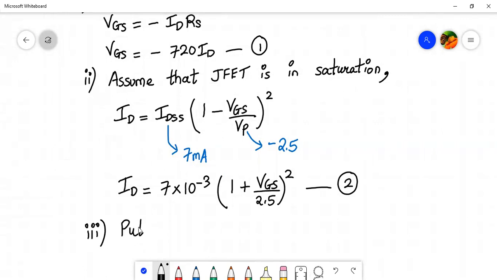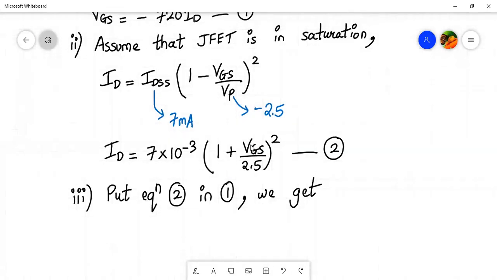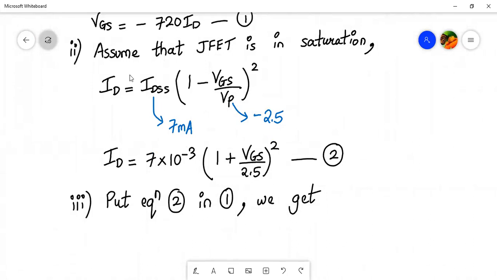So put equation 2 in 1. What is equation number 1? It is VGS equal to minus 720 times ID.